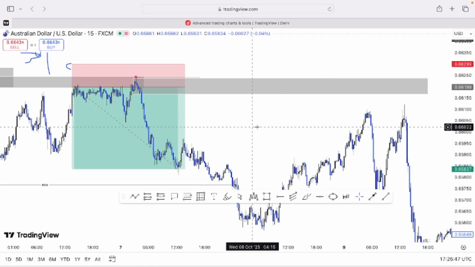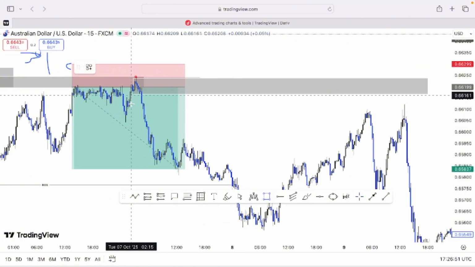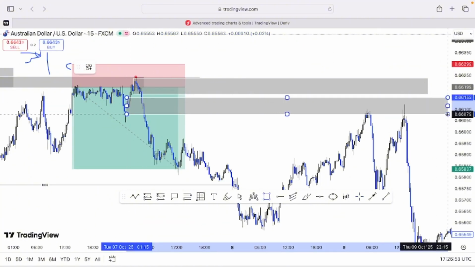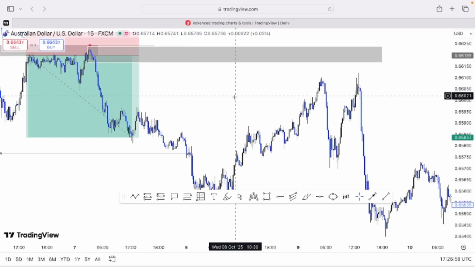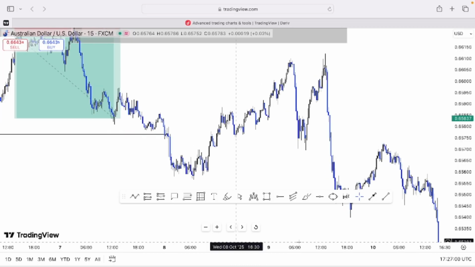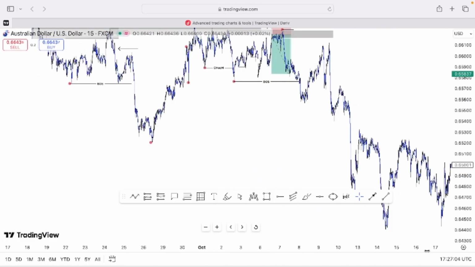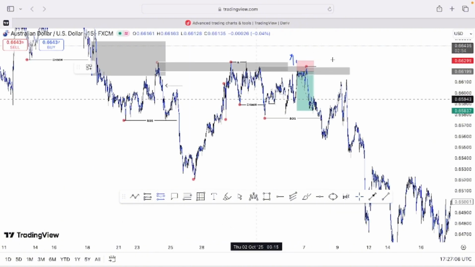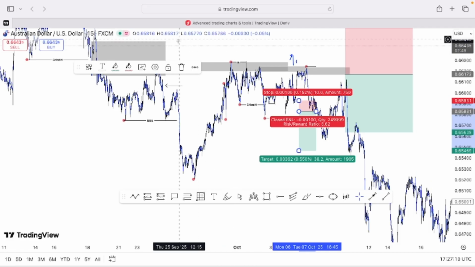I don't use flip zones. Those who use flip zones will know that this is an area of interest you can take like this, but I like keeping things a bit simple on my side. So we didn't get any opportunity, and then the market started dropping to the downside. Even if you had an opportunity here, it would have been nice, but the market didn't do that, because the market does what it wants.